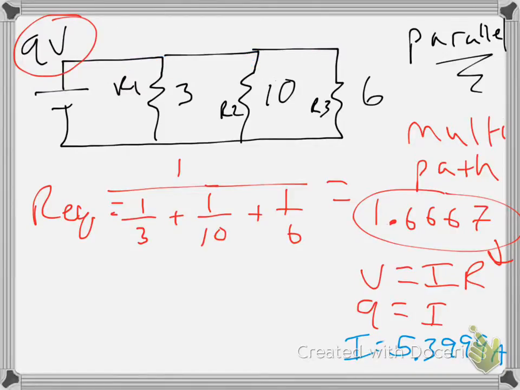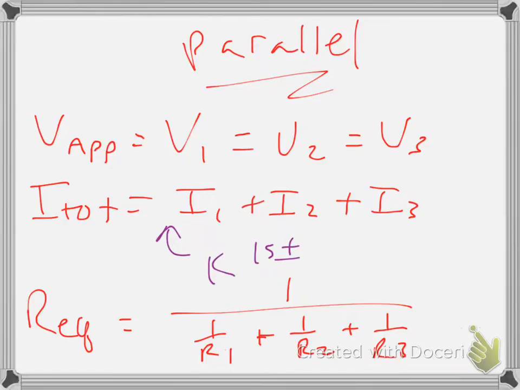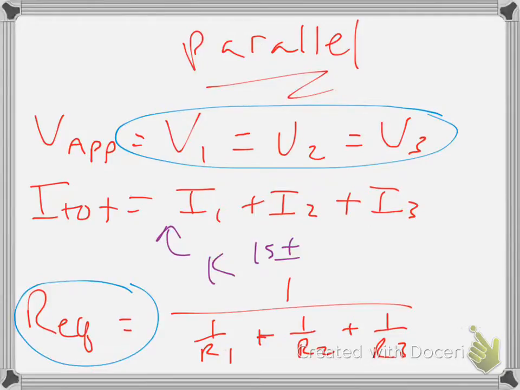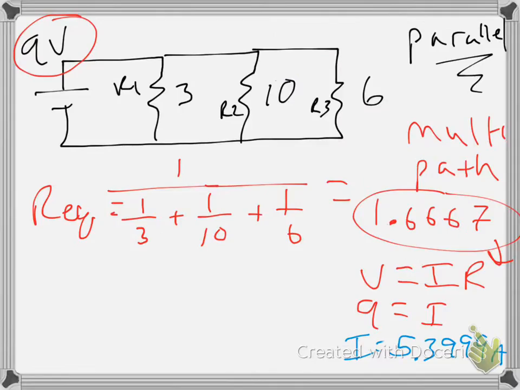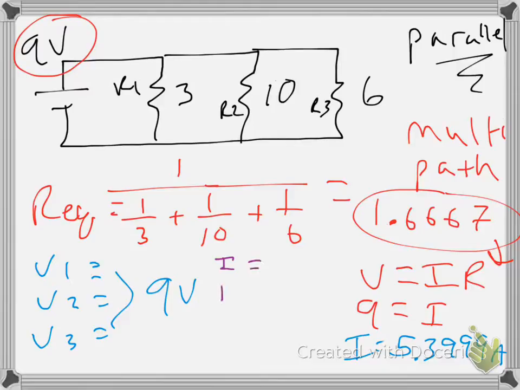So kind of like in the series example, if my voltage isn't changing and my resistors aren't going to change, they're not variable resistors, then all we're doing is calculating for I. So when I'm doing V1, V2, V3, all of those are going to be the same. 9 volts. What's going to change, though, is I1, I2, and I3. And I just do that simply by doing V equals IR again.